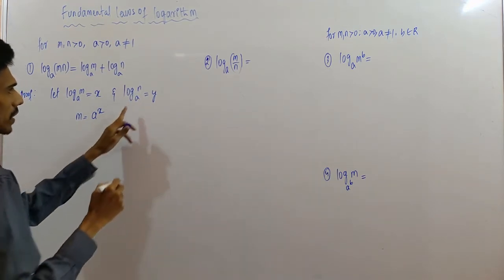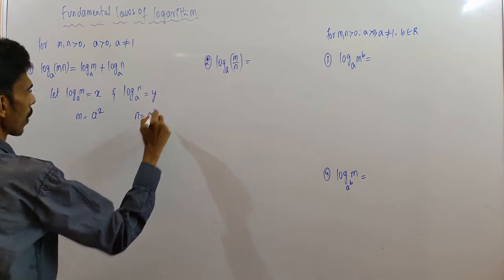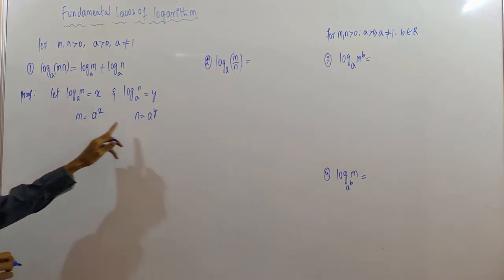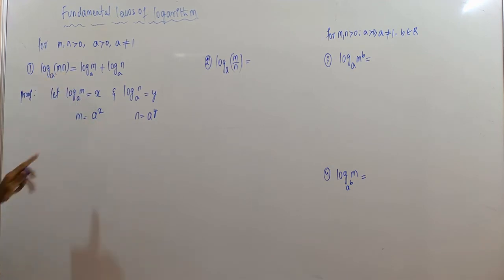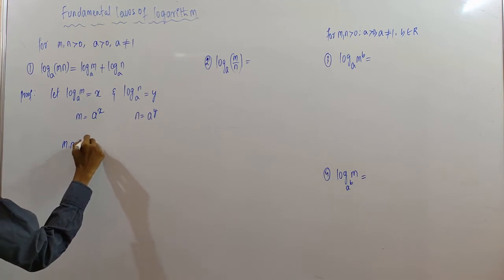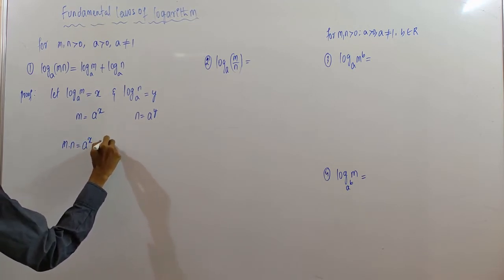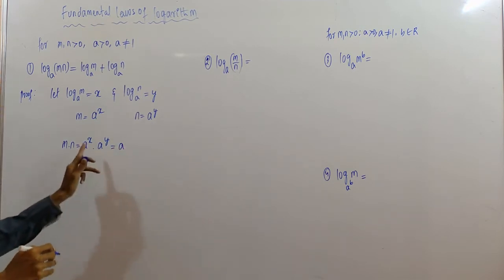Similarly, here also if we send this log a to that side, it will become a power y. We got m value, n value. Here we have m into n product, so multiply these two: mn is equal to a power x into a power y. Bases are same, powers should be added, so it will become a power x plus y.